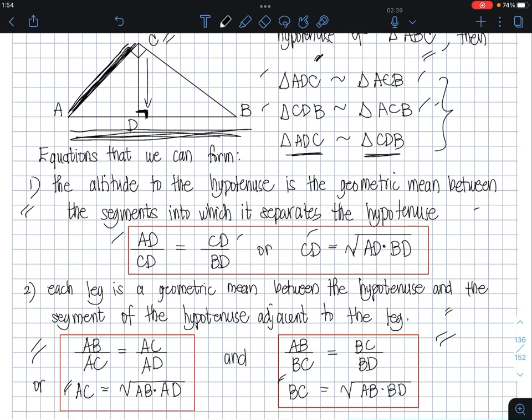At doon sa segment na adjacent dito sa leg AC. So pag sinabi natin adjacent, yung segment na close dito sa AC, which is itong AD, right? Okay? So kaya meron tayong equation na yung AC is equal dito sa square root nung AB times AD. Kasi geometric mean nga itong AC dito sa AB at AD.